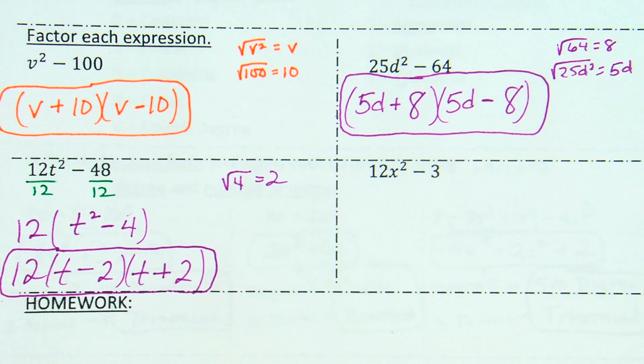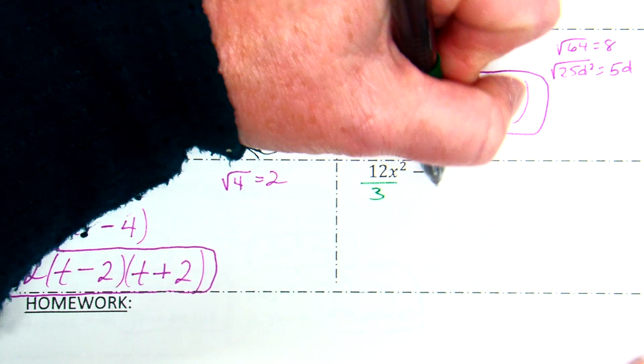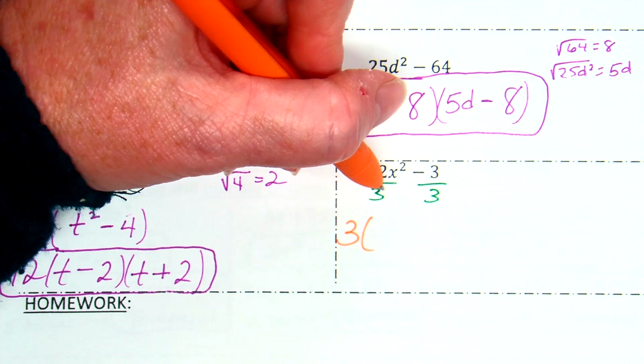But they both divide by 3, so what do I do with that 3 they divide by? Slap it down. Okay, I slapped it down. And then 12x squared divided by 3 leaves me with 4x squared minus 3 divided by 3, 1.